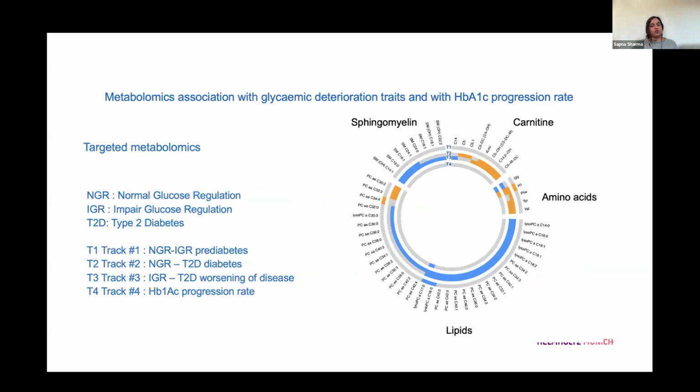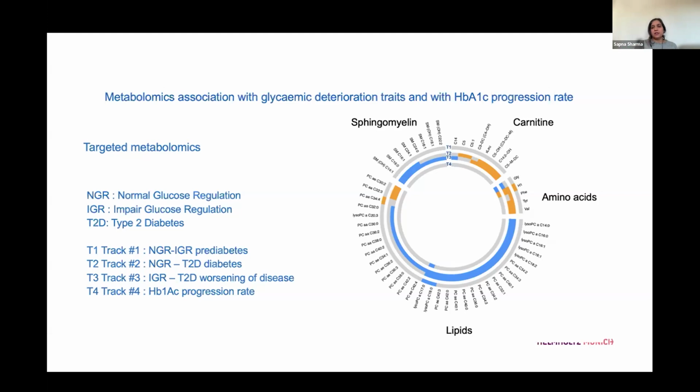So we associated metabolites with glycemic traits. The 4 tracks here show that we find metabolites associated with pre-diabetic and diabetic. I also looked into how pre-diabetic turns into diabetic and the progression rate.